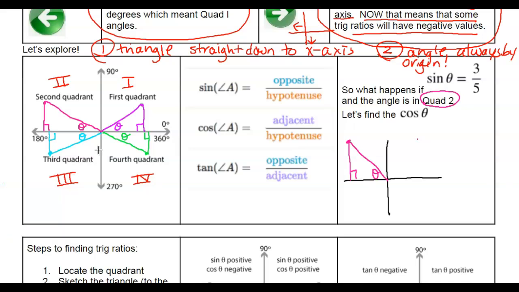All right, so what we know is sine, which is opposite over hypotenuse. So remember, hypotenuse is across from the right angle, so I'm going to label this as 5. Now, there is a rule. The hypotenuse is always positive.